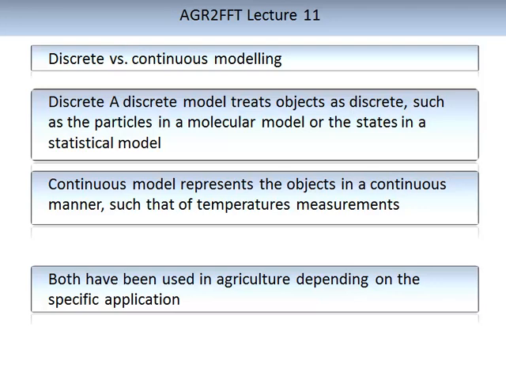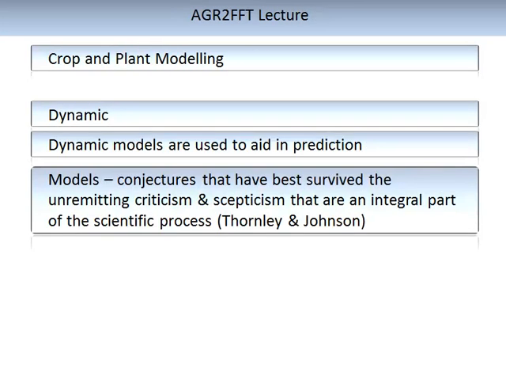You may have come across the differences between discrete and continuous in statistics, and these differences apply here too. Both of these models can be applied in agriculture, but it does depend on the specific application or function that you are trying to achieve with your model.